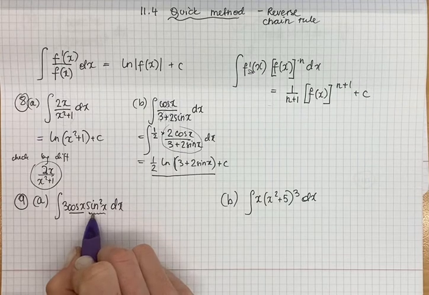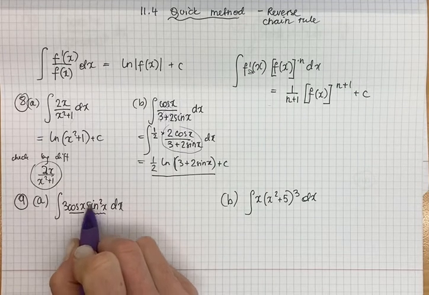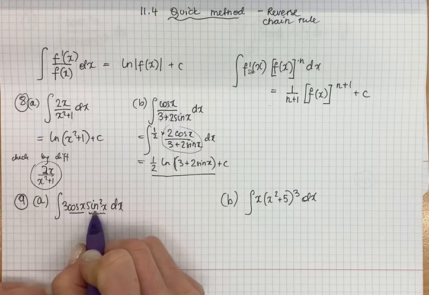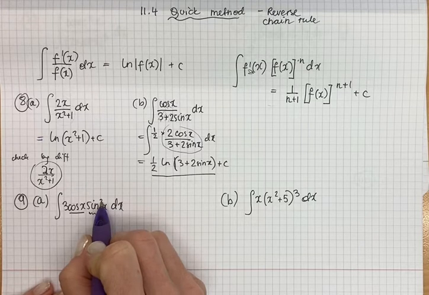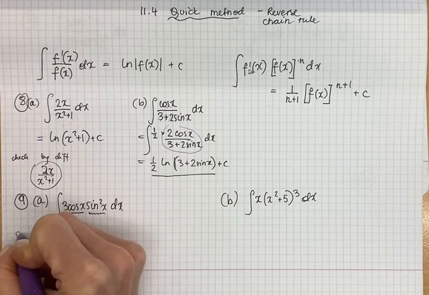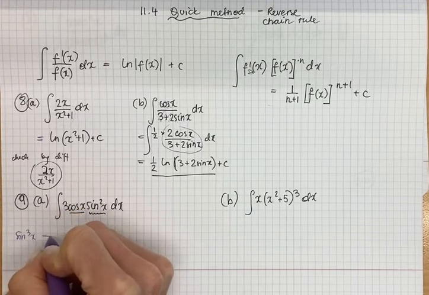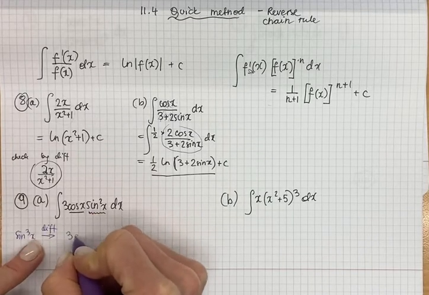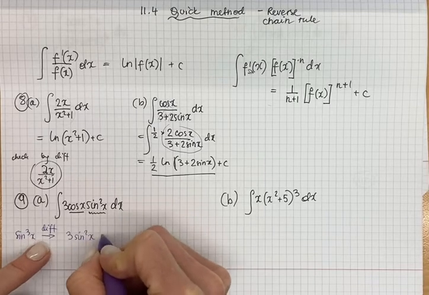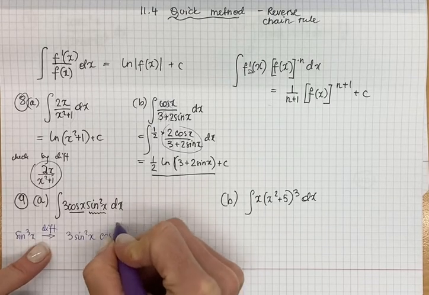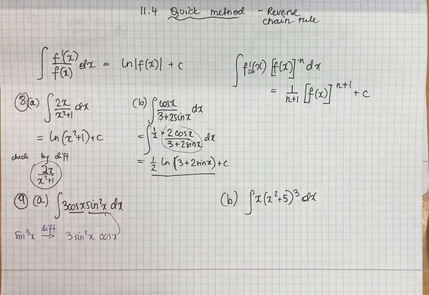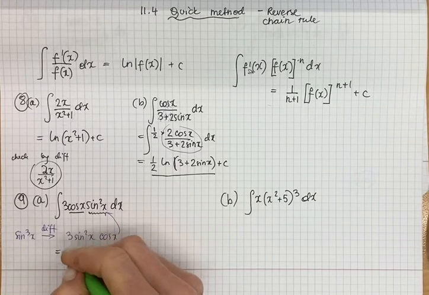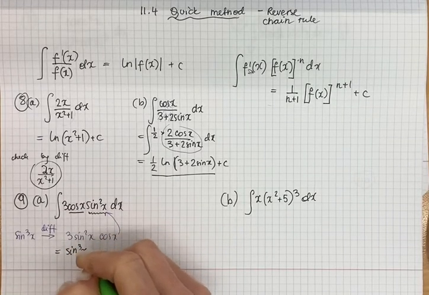So what has been differentiated to give you this result? And your guess should be, if you add 1 to the power, you'll get sine cubed. So sine cubed, if you quickly differentiate it, it will go to 3 sine squared x times cos x. And look at this, you've got exactly that. Therefore, the integral must be sine cubed x.